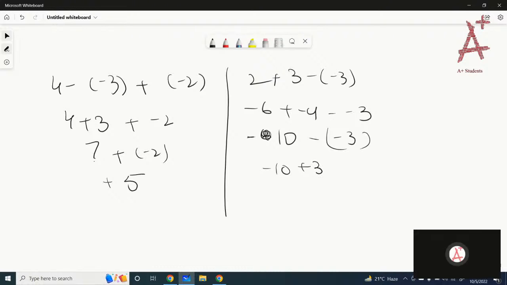So negative 10 plus 3 is negative 7. Got it? Select the correct option and click on the OK button.